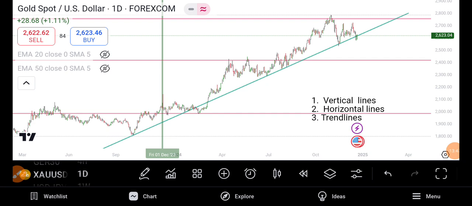Choose 3 and then just go back a year, mark it off, use your vertical line to go back a year, and then I want you to use your vertical lines, your horizontal lines, and your trend lines to show me that you understand that concept. But that is it for now.